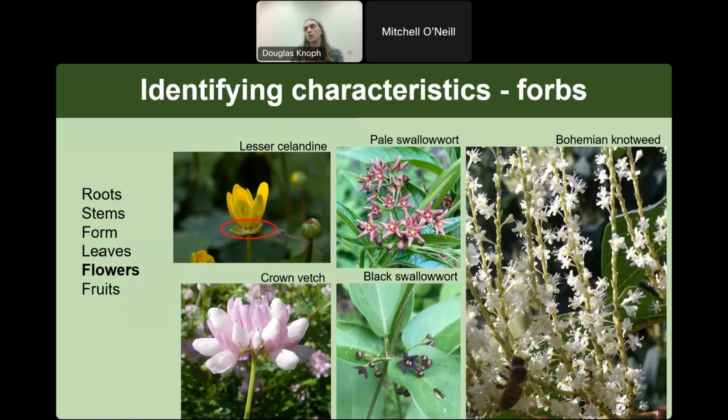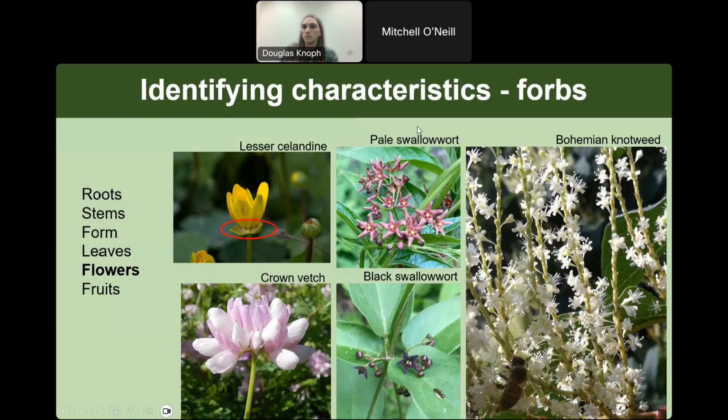That's really good for differentiating it from something like marsh marigold, which is a similar looking flower that comes out at a similar time in the year, very early in the spring. So this is a good identifying feature if you can take an underneath picture or capture it when it isn't fully open. The multiple swallowwort species, pale and black swallowwort, are very hard to tell apart unless it's currently in flower.